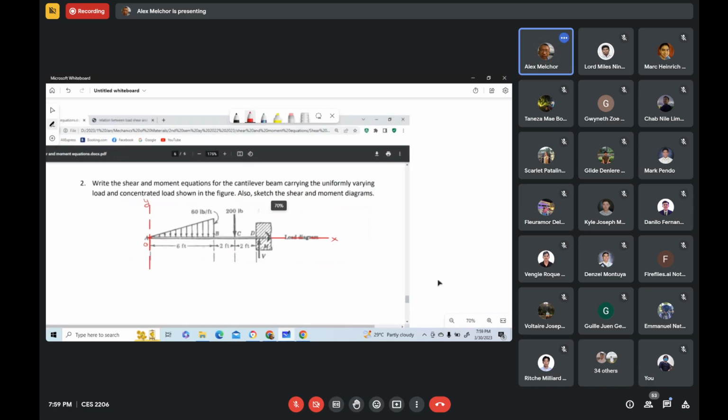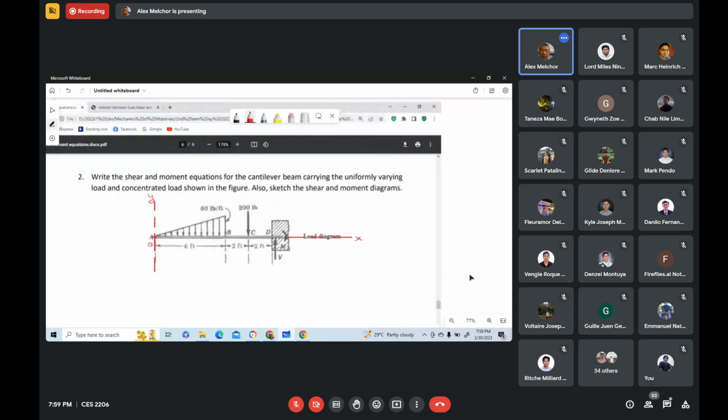Now, we label the sections where we have a change of loading condition. Those are the change of load points at A, at B, at C, and at D.